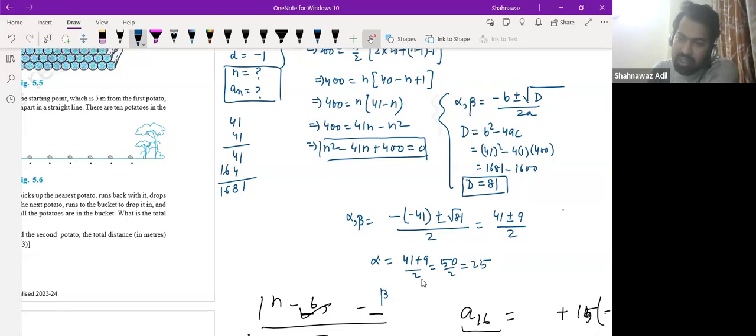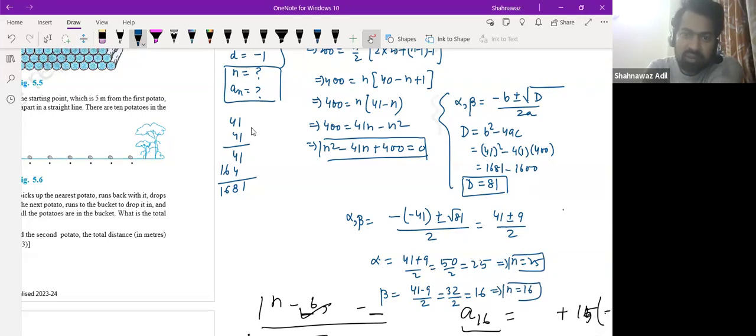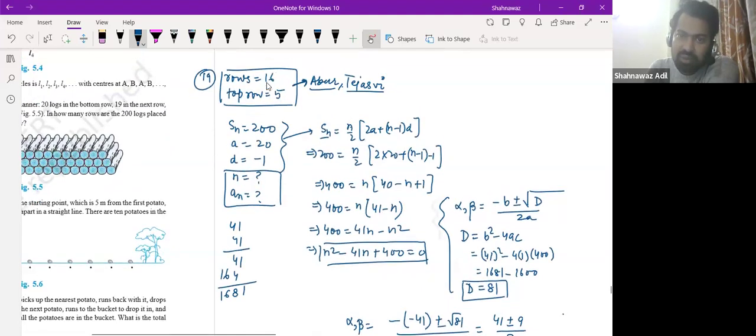The other answer would be 41 minus 9 by 2, which is 32 by 2, that is 16. So we have one n which is 25 and the other n which is 16, as we got, right? So they got 16 and 25.